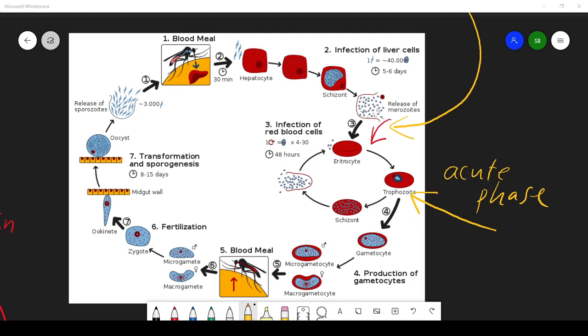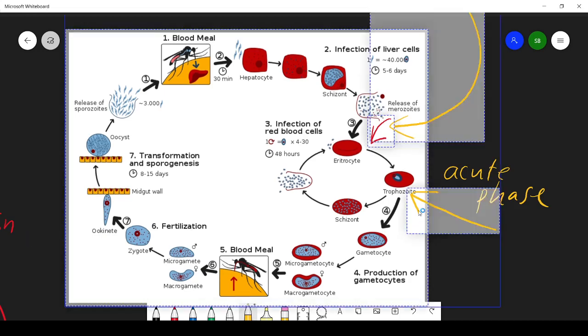And then finally, well, not quite finally, but two more, which is drugs used to prevent actual transmission. These target, let's move our picture down a bit.